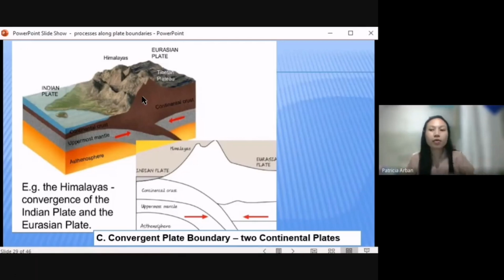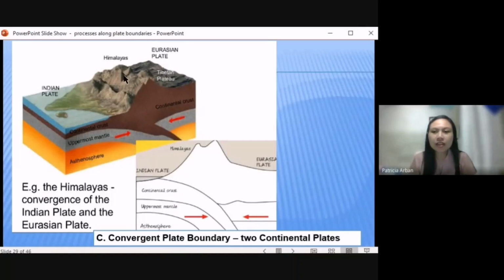That is why a mountain or folded mountain is produced. So here in our example, we have here the Himalayas. Okay, sikat na sikat because there is the Mount Everest. Diyan ang Mount Everest. And it is still moving upward. Pataas pa rin siya ng pataas.